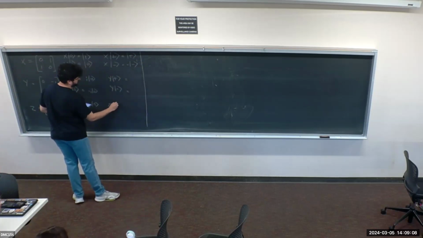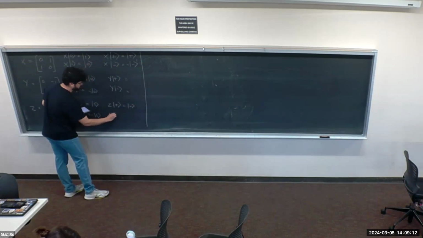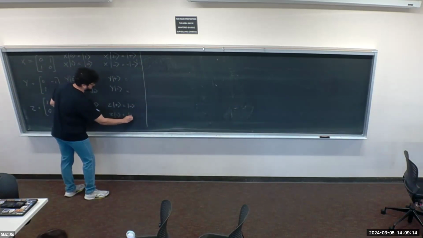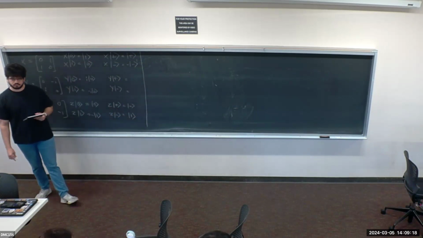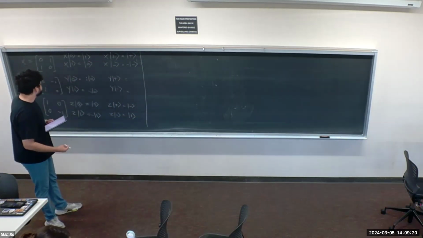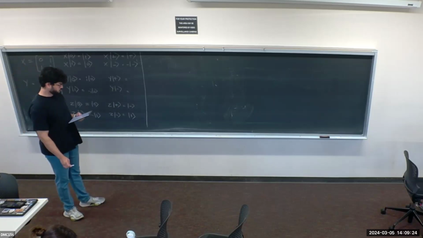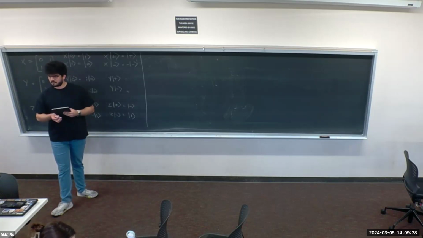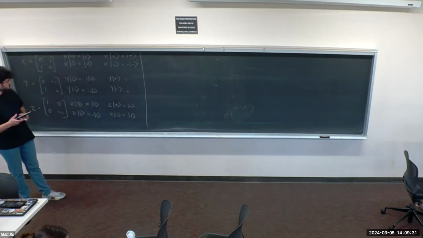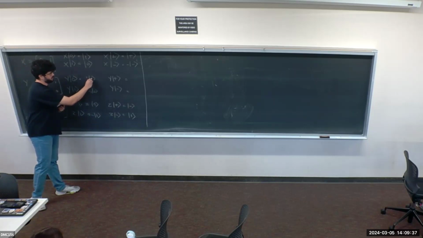So Z acting on the plus state gives you minus, and Z acting on the minus state gives you plus. I think for Y acting on 0, that should be i times 1.